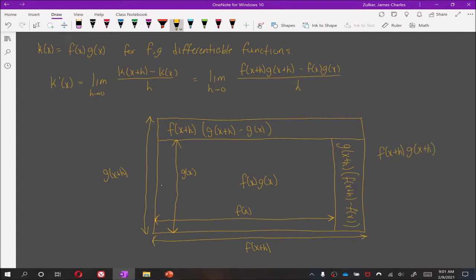Now, what we see in the numerator of this limit, f of x plus h times g of x plus h minus f of x times g of x, that would be the area of this upper rectangle and this rectangle to the right. So in other words, the area that we're going to be left with is this area plus this area.